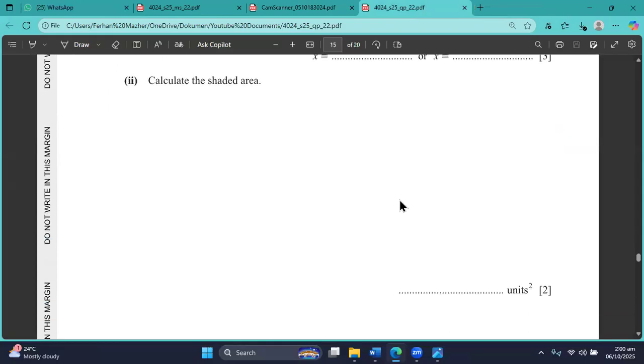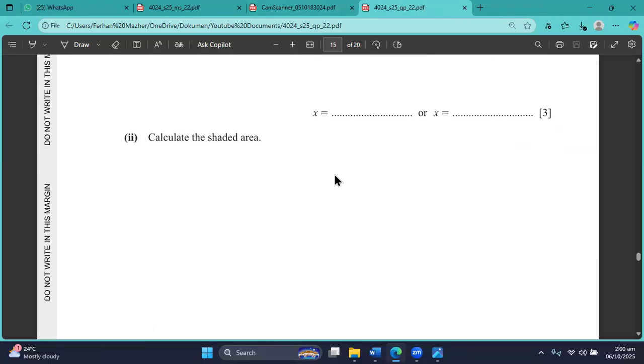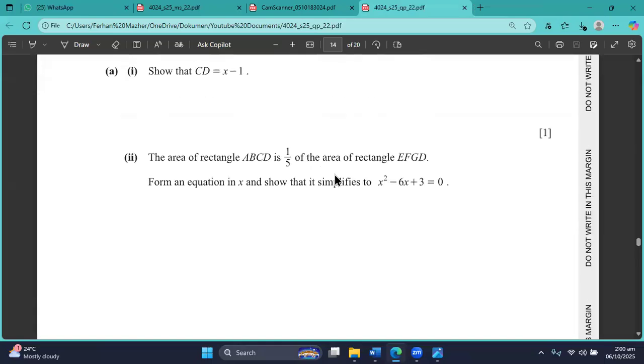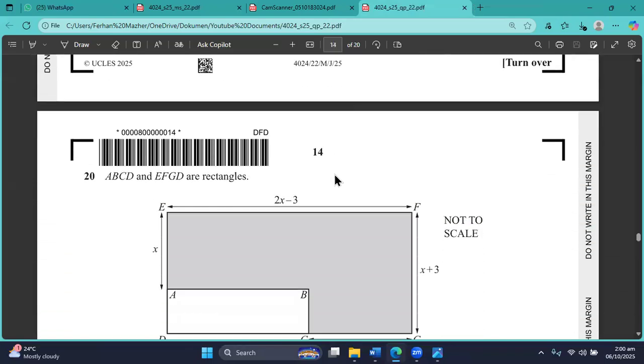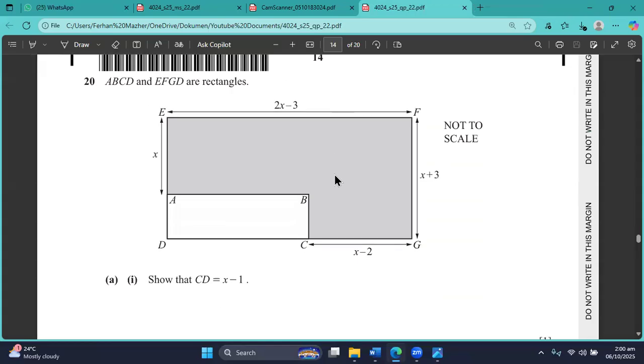It says calculate the shaded area. This is a 2 marks question. If you want to find the shaded area, you find the area of this big rectangle, and from there subtract the area of this small rectangle. There are two values of x, because here we have x minus 2.